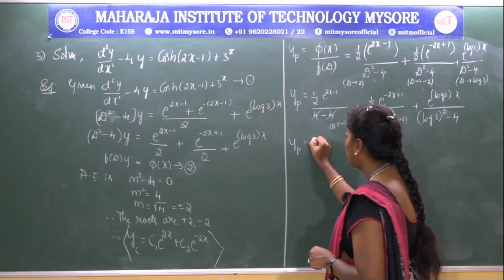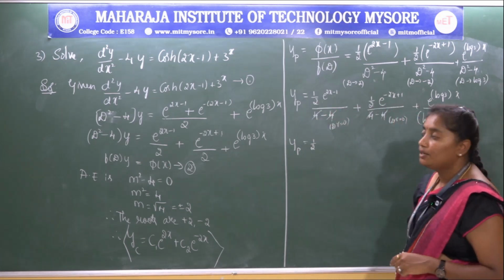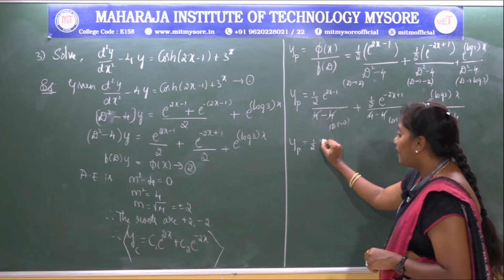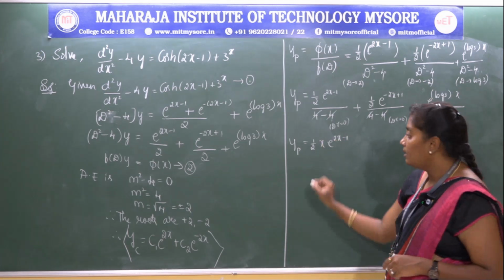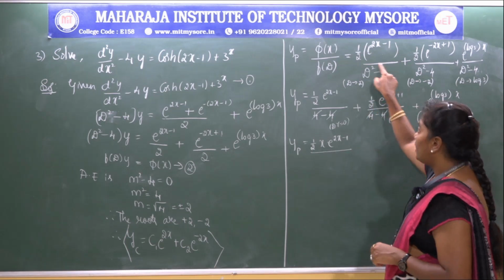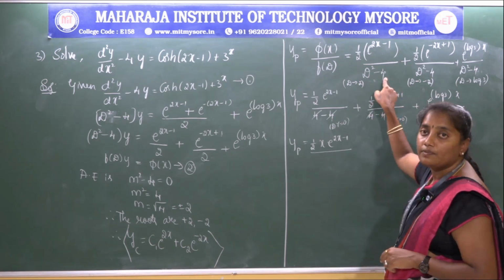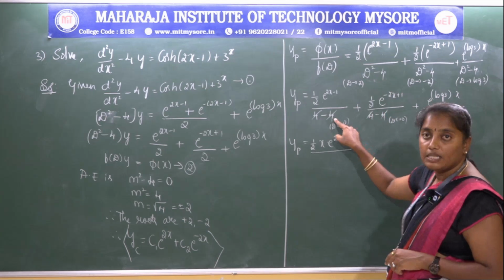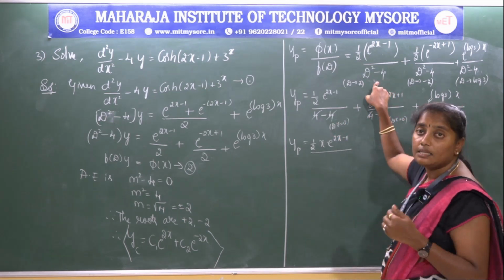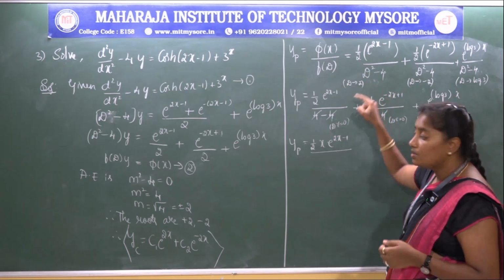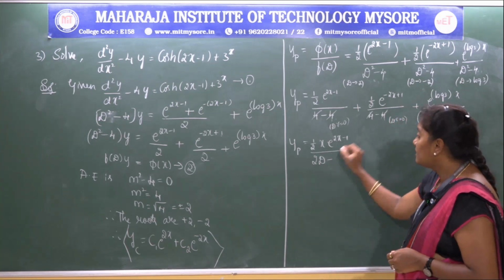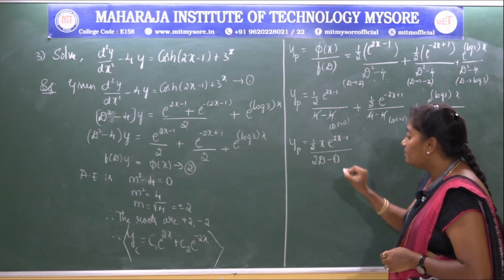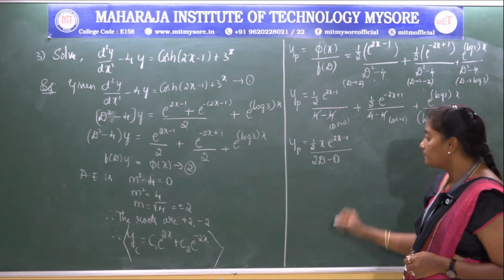Yp is equal to, writing this 1 by 2 as it is, multiplying x e power of 2x minus 1 divided by, what we have here, d square minus 4. Since this term equal to 0, we have to differentiate this operator. What is the differentiation of d square? That is 2d minus differentiation of a constant term is equal to 0.